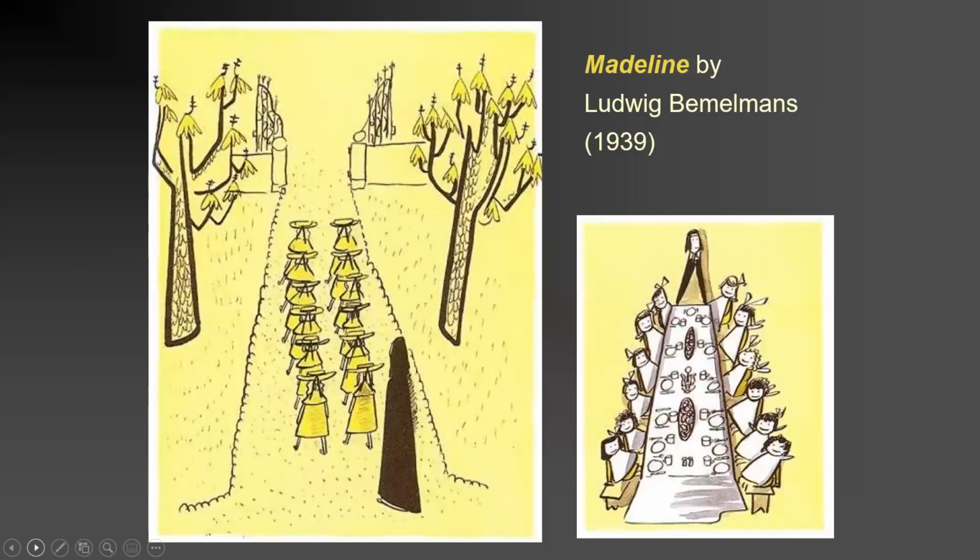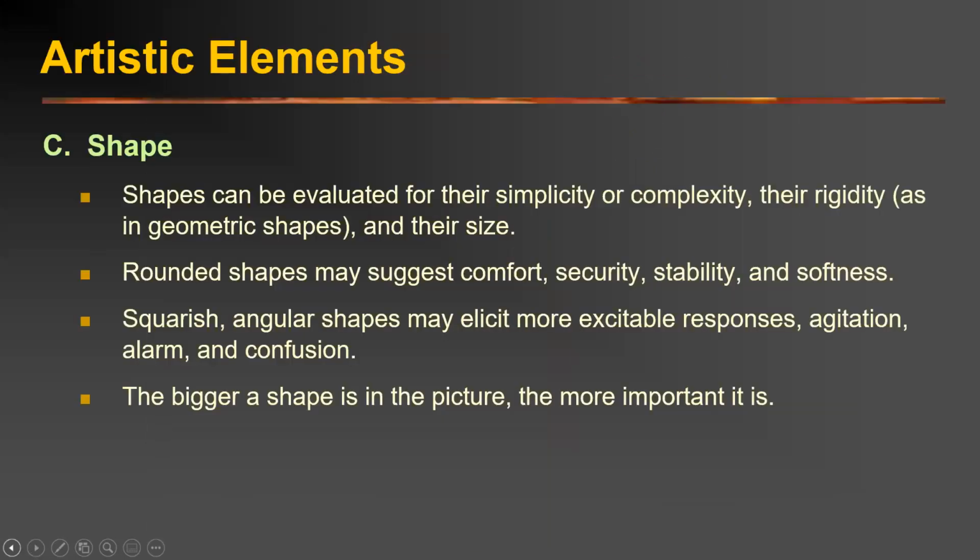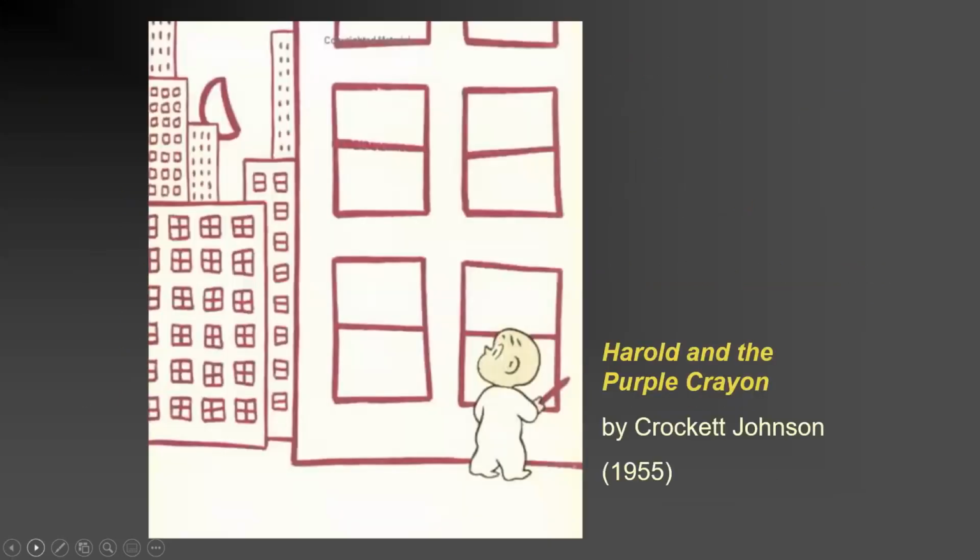Okay, next, we have the use of angular lines. Ayan. Okay, what does it mean once again? It suggests excitable responses, agitation, alarm, and confusion. Ayan. Just to remember in this program. Okay, so use of angular lines.